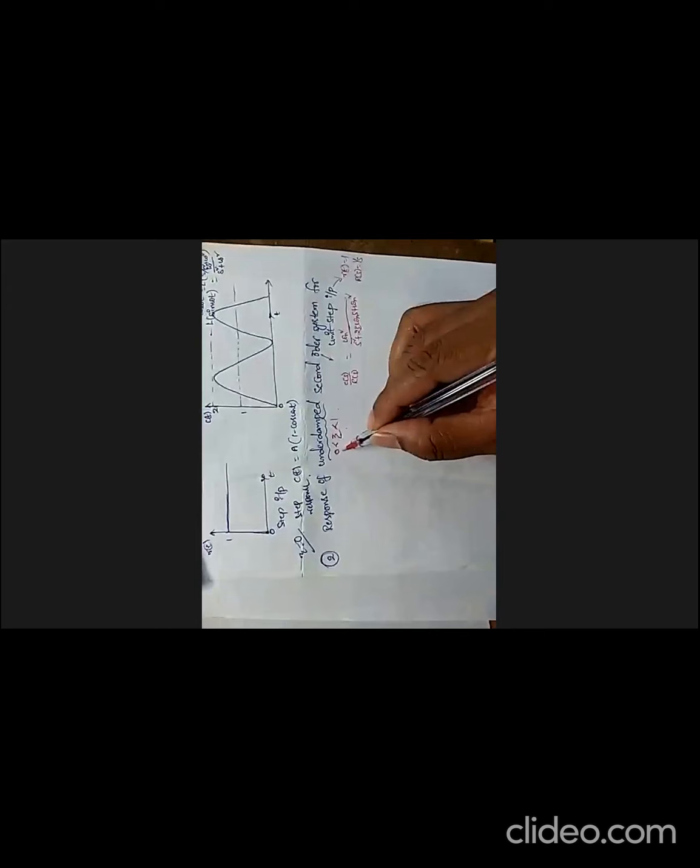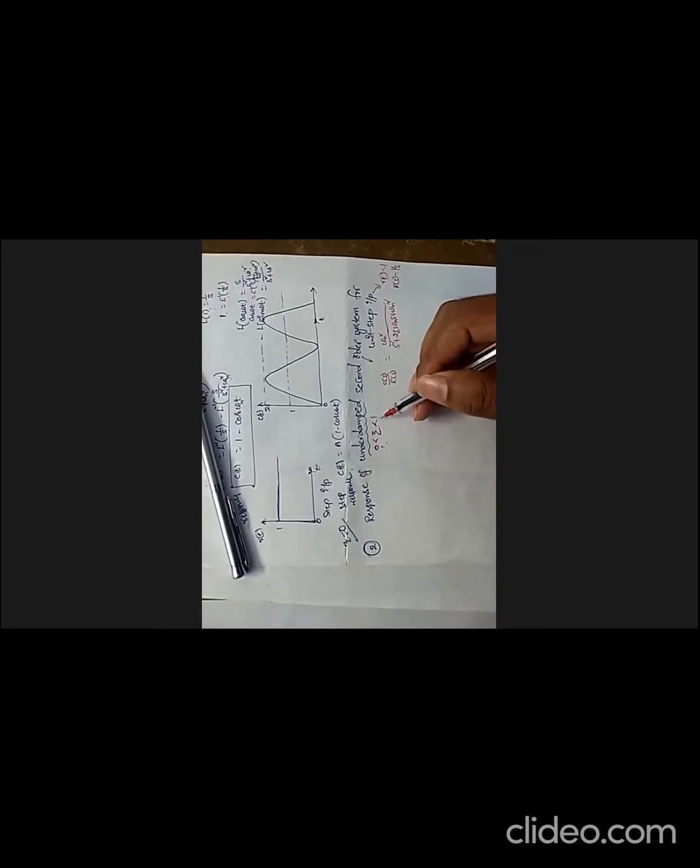This is the underdamped system and the range of zeta is 0 less than zeta less than 1. Here the roots of the denominator are complex conjugate roots. Already in yesterday's class we had discussed it. The range of zeta value is in between 0 and 1, so we need to substitute 0.1, 0.2, 0.3, 0.4, 0.5, 0.6 up to 0.9, whatever it may be.